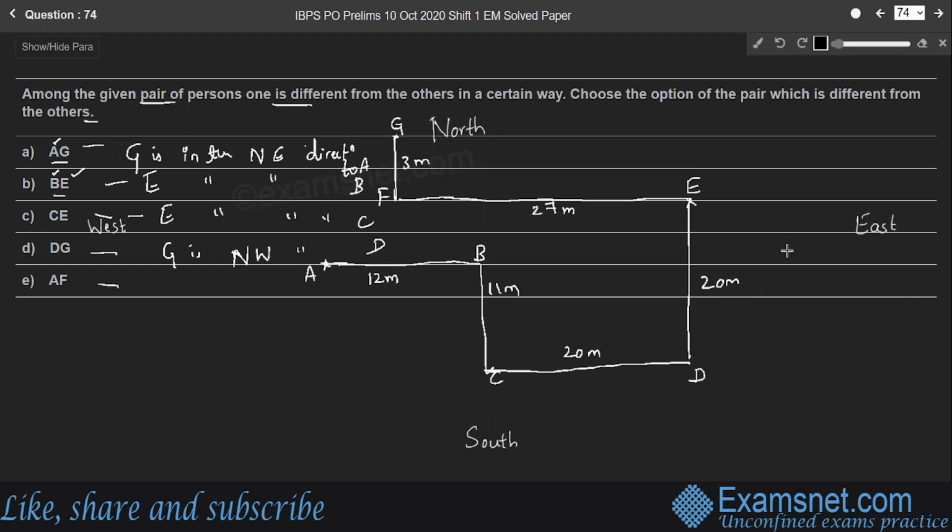In the last option AF, the second person F is in the northeast direction of the first person.